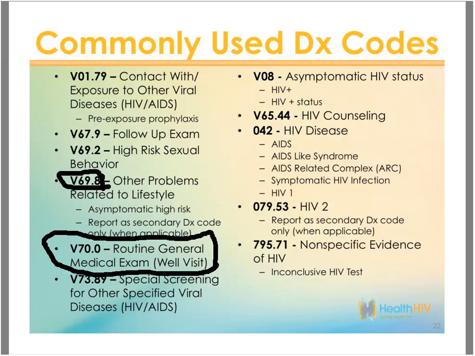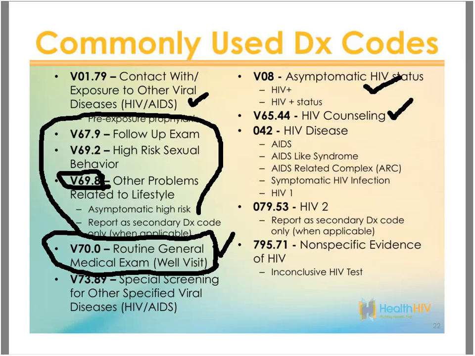On this slide, the codes that are typically reported as a principal diagnosis are the V70.0, the V08, the V65.44, which is sometimes reported as principal, and sometimes V01.9. These three codes are typically reported as a secondary, meaning they should be sequenced as the second code, or second or third, depending on what other diagnosis codes are reported for that service.